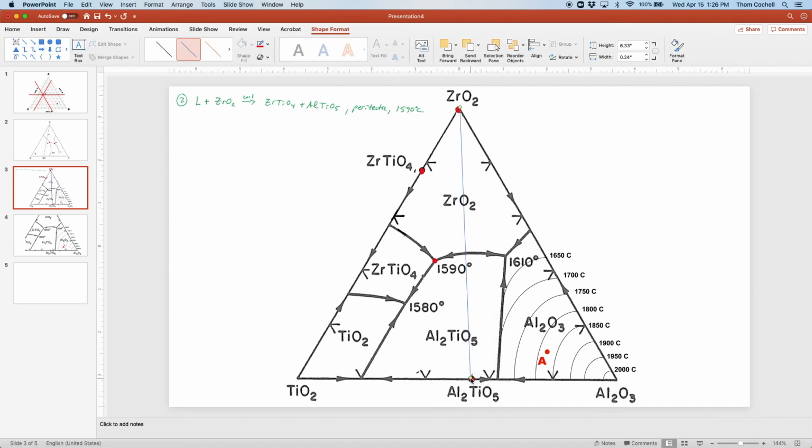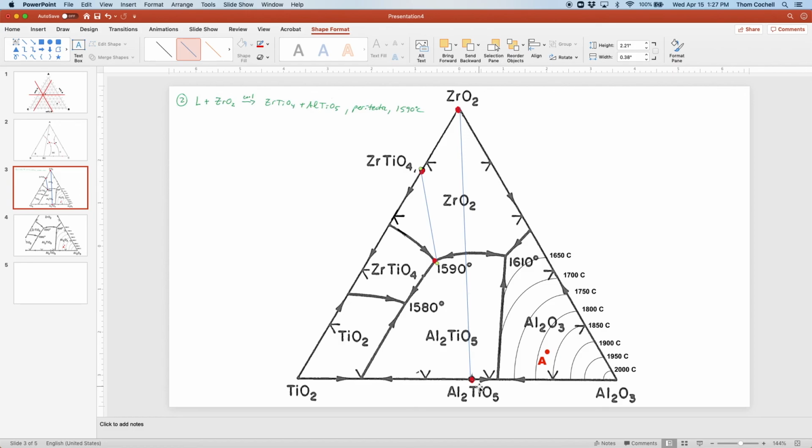So that would leave the other 2 as the other reaction, right? So if this was correct, and it is not, just to give you a heads up, then our reaction would be liquid plus ZrTiO4 goes to ZrO2 plus Al2TiO5.